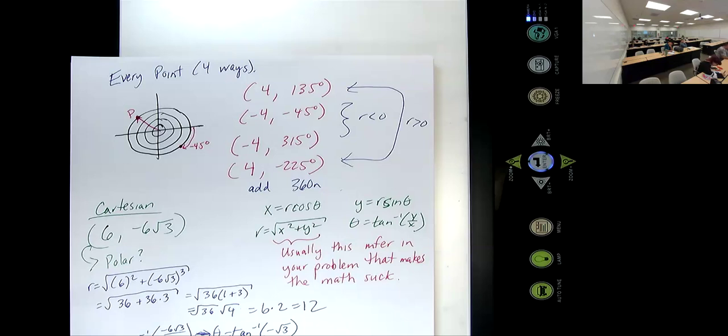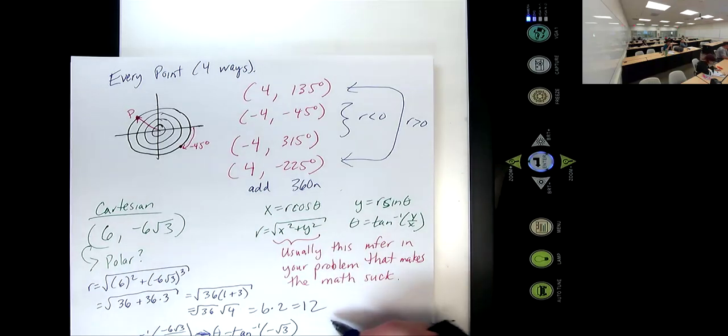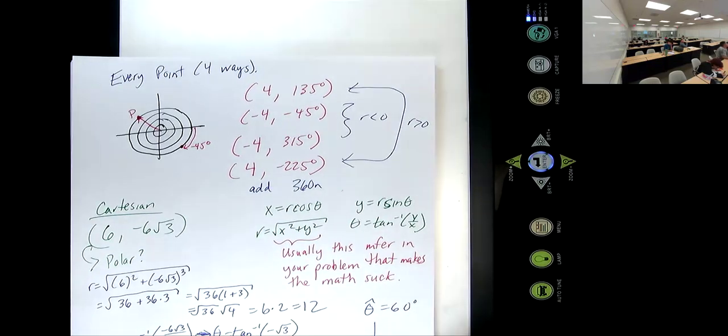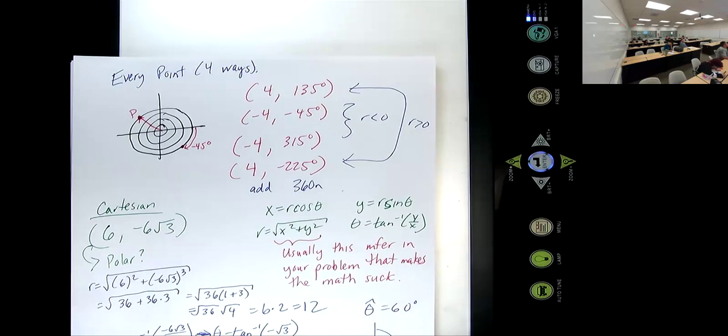We'll deal with the negative later. Is it 60 degrees? You're talking about the root three? Yeah, the tan of root three is 60 degrees, right? Yes. So the reference angle would be 60 degrees, but we're going negative. So it should be negative 60. And tangent inverse runs from negative 90 to 90, so that's a valid range. Negative 60 is in that region.